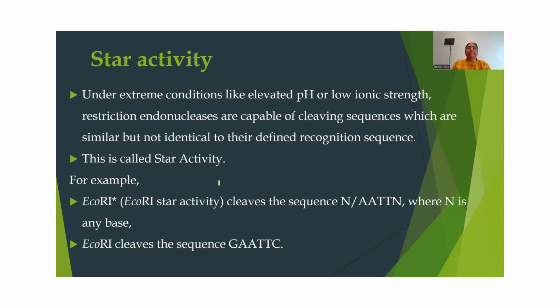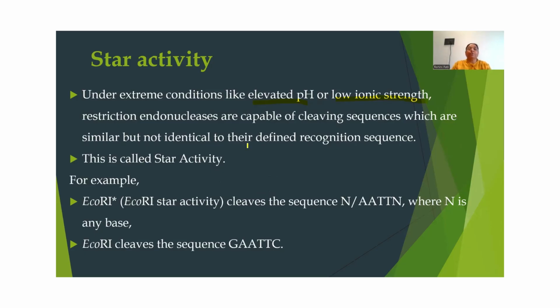The buffer has a particular pH and a particular ionic strength. This pH and strength of the buffer affect the activity of the enzyme. When the pH is elevated, or when you are using low ionic strength buffers, what happens? There is alteration of the cleavage site.